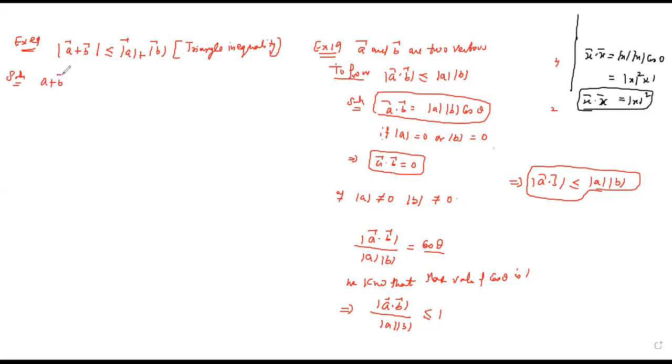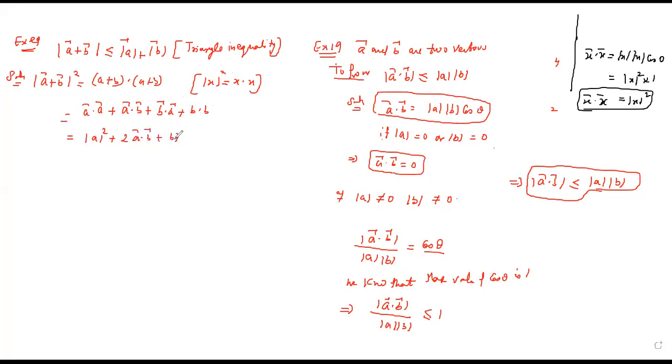Now, mod of A plus B whole square is equal to A plus B dot A plus B. Again, I'm going to start from the relation mod of x square is equal to x dot x. Now, A dot A plus A dot B plus B dot A plus B dot B. So this is mod of A square plus twice of A dot B plus mod of B square.